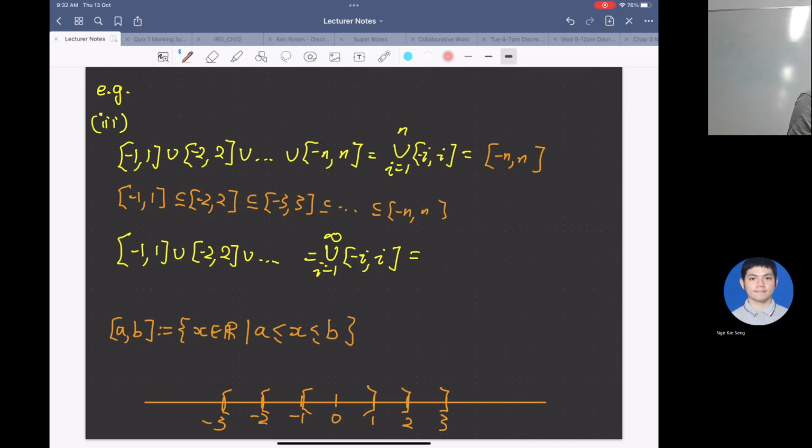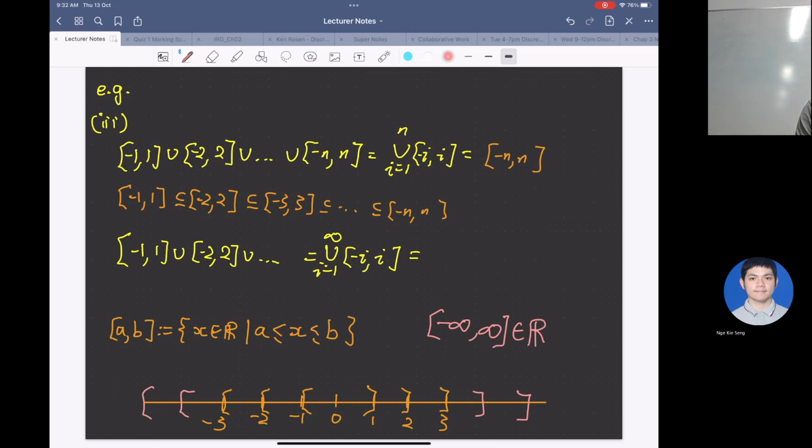So you keep expanding. Negative infinity? You mean something like this? We have negative infinity, but negative infinity is not a real number, so we cannot draw something like this.